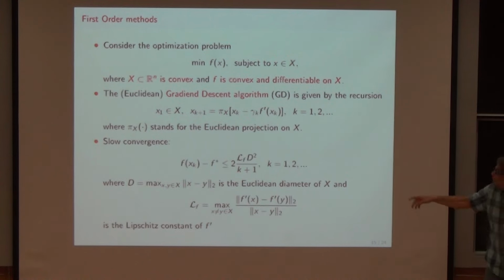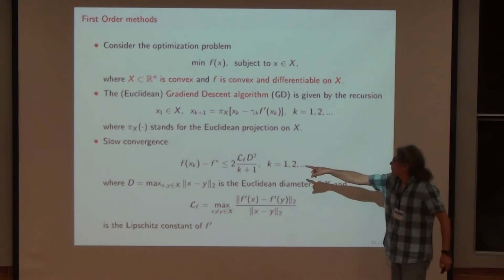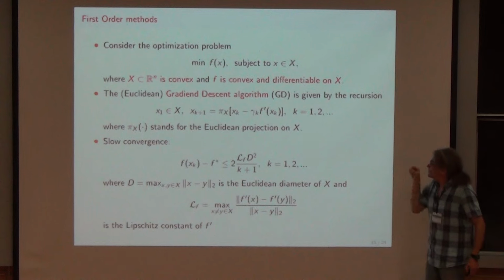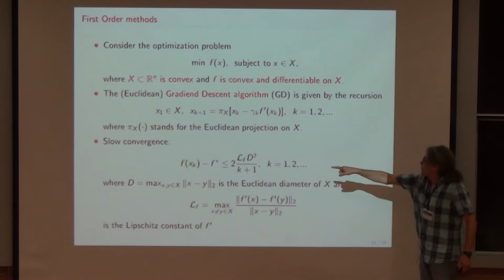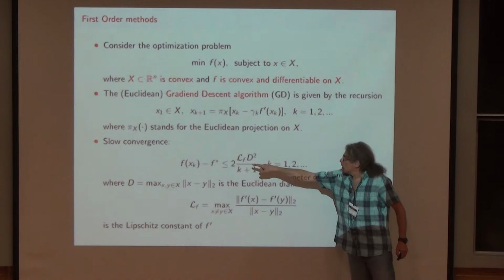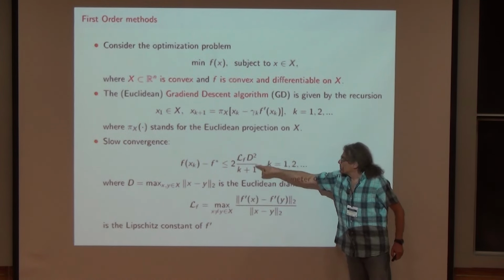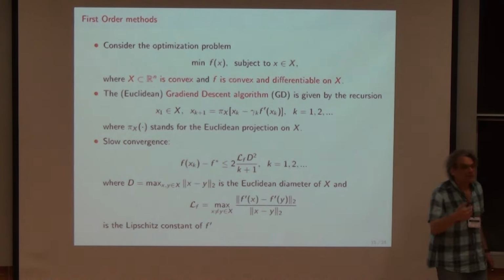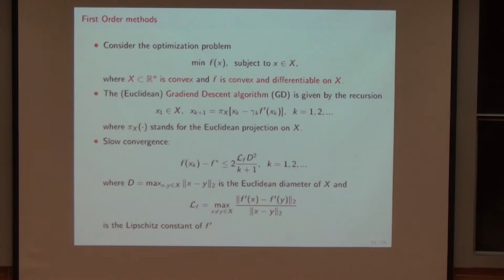And what you can show, in terms of optimality of the trajectory of the search points, is this bound. You see that the error in terms of your function decreases like 1 over k, instead of epsilon to the power minus k, as it would be for interior point methods.